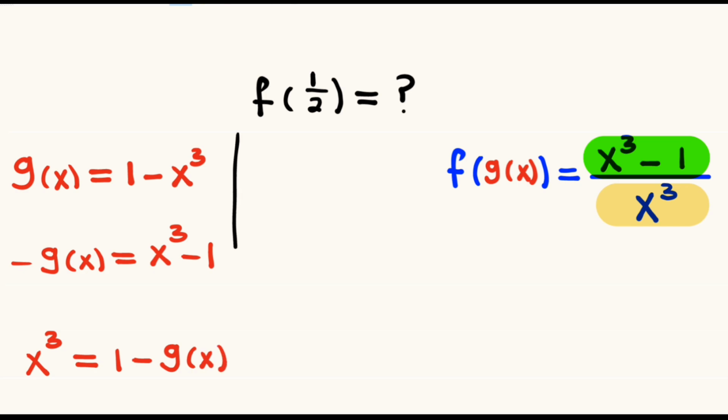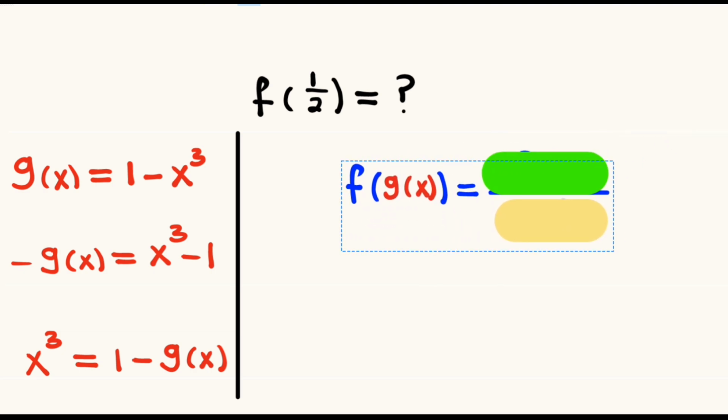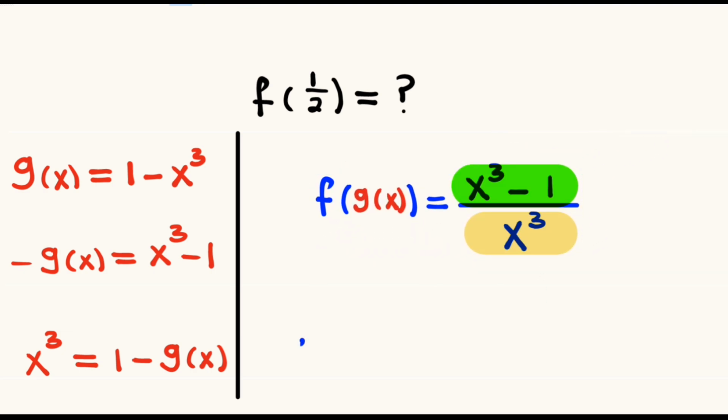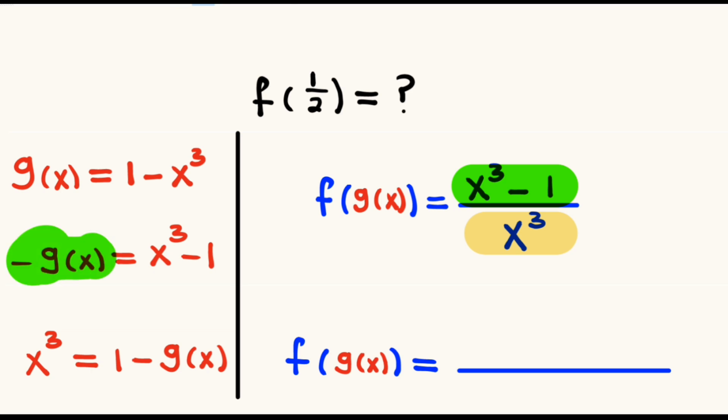And from here, we are going to substitute into this equation, and f of g of x will be equals to, in the place of the x cubed minus 1 in the numerator, we are going to substitute the negative g of x since it's equals to the x cubed minus 1.